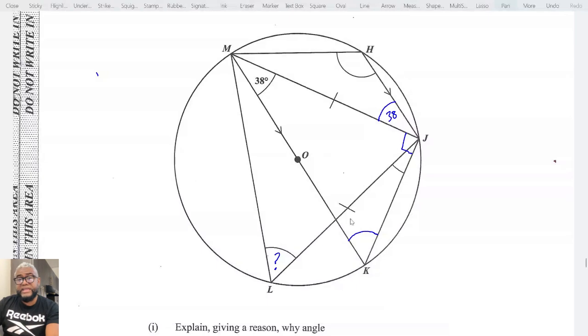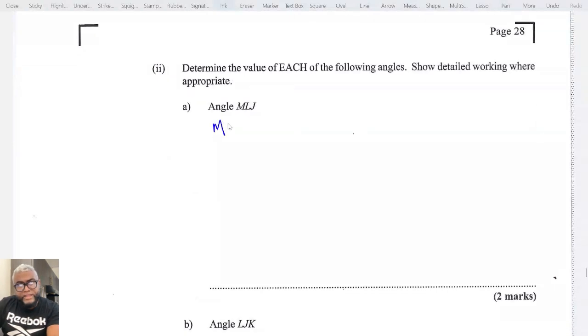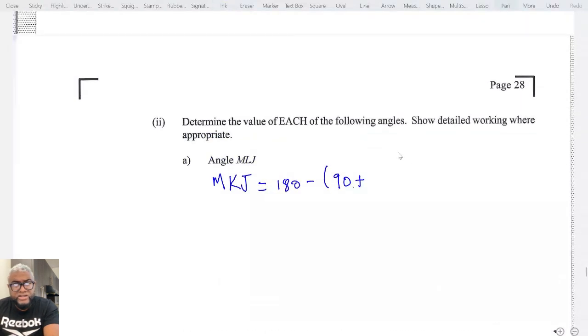So let's proceed to find MKJ first, right? So MKJ is what we're going to find first. MKJ is equal to 180 minus 90 plus what? What was that, 38? Sure? 38. So we can work on this. 180 minus 128.